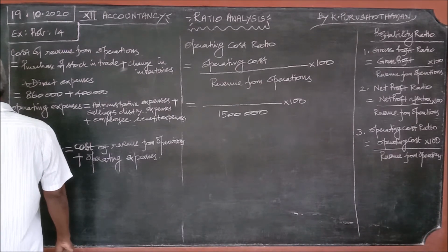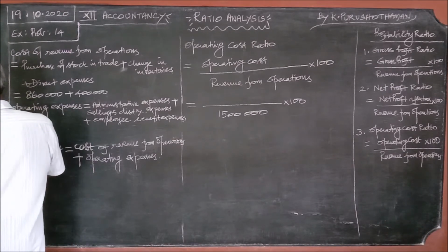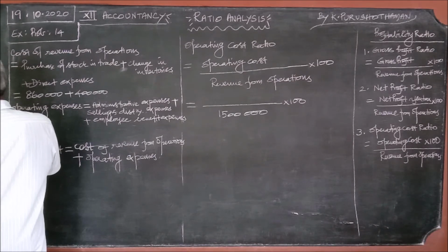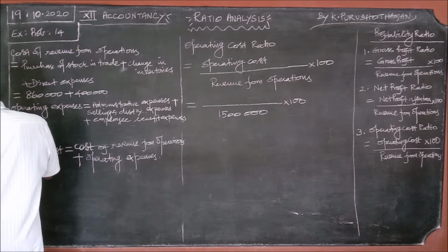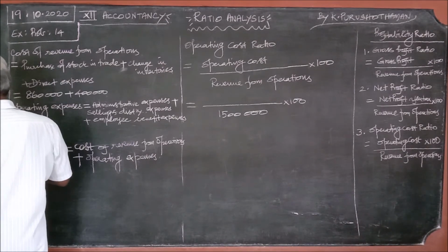Plus direct expenses. Is there any direct expenses? Nothing. No direct expenses are given, but in illustration number 14, the direct expenses are given, therefore we have taken the wages like that.